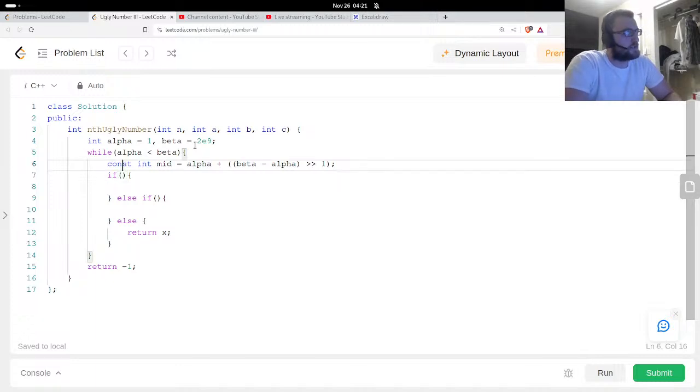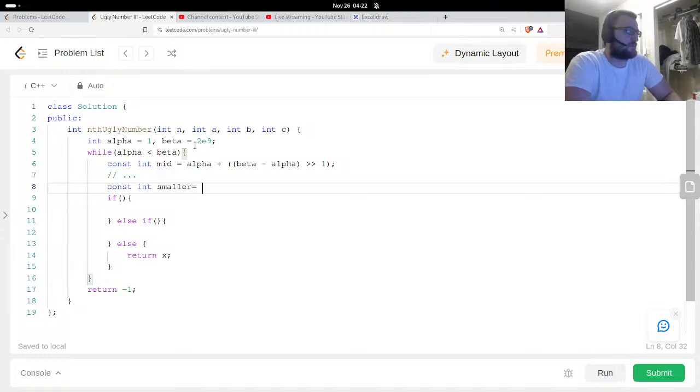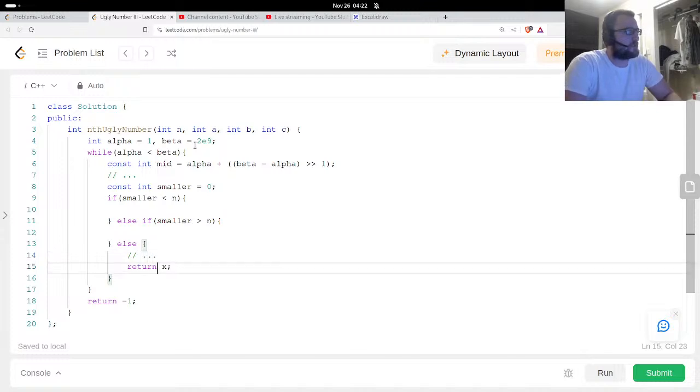Now we calculate a number, and there are a few options. So let's just call this total or smaller, right? So if smaller is less than n, if smaller is greater than n, and now if smaller is equal to n, there's a little more work that needs to be done here.